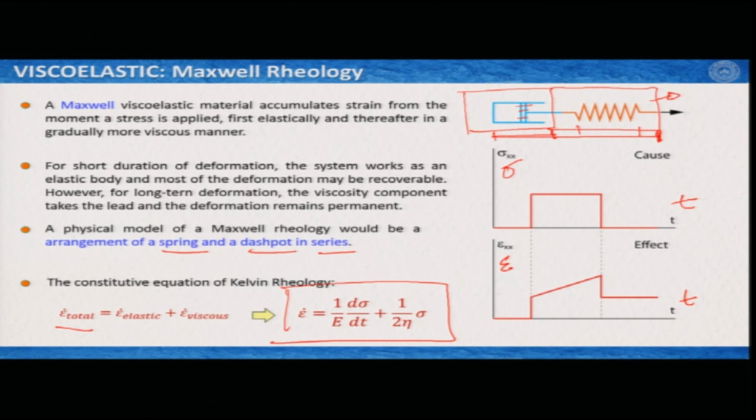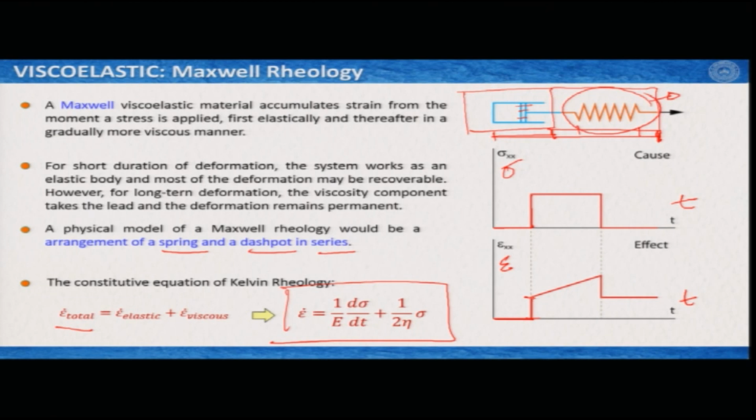And what we see here, let me explain it, I should have done it before, that we have zero stress, no strain. Then instantaneously I apply the stress, and the strain increases instantaneously because of this elastic element. So this deformation is essentially because of the spring, this one.